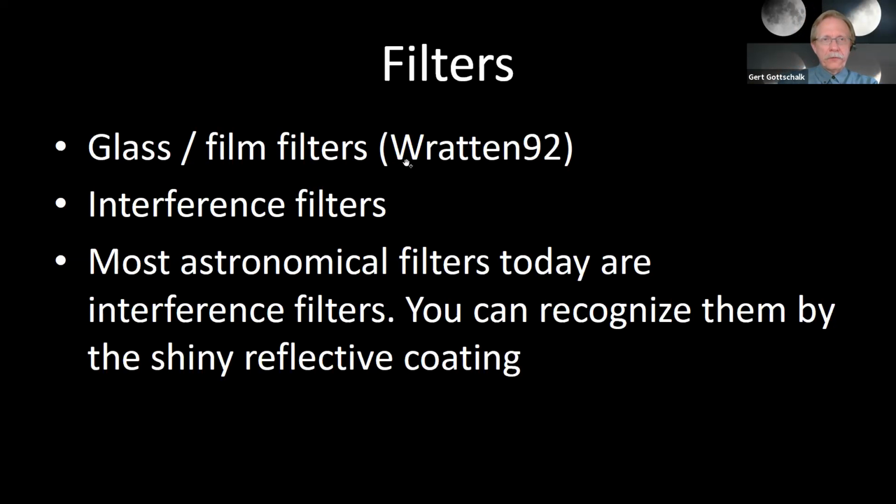More recently, developed filters are called interference filters. Most astronomical filters today are interference filters. And if you get one of these little round filter glasses in your hand, you want to know what it is. If it has one of these shiny reflective coatings on it, you probably have an interference filter.